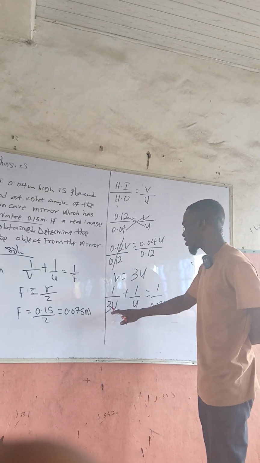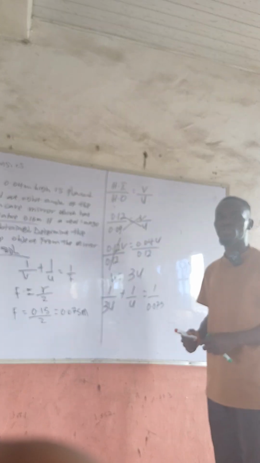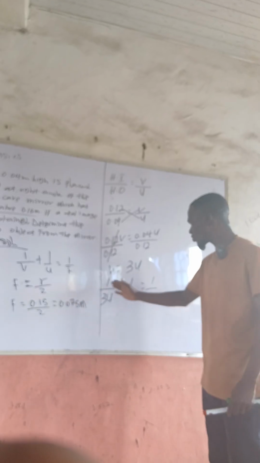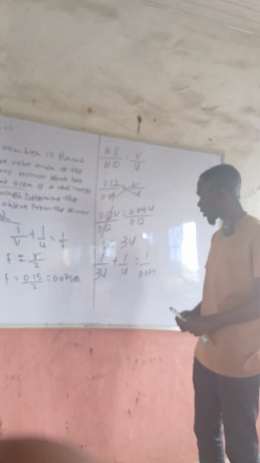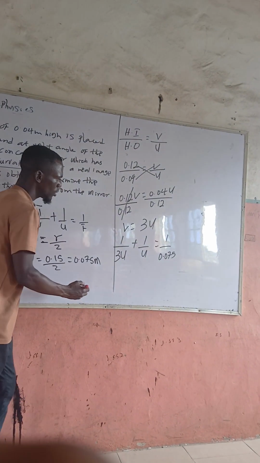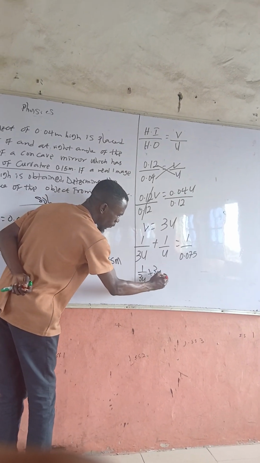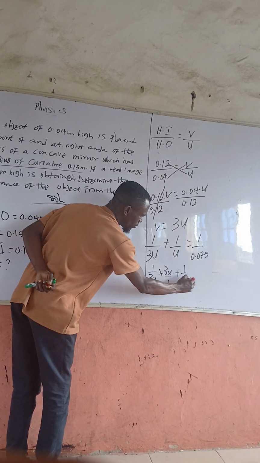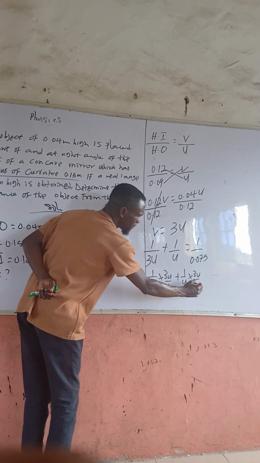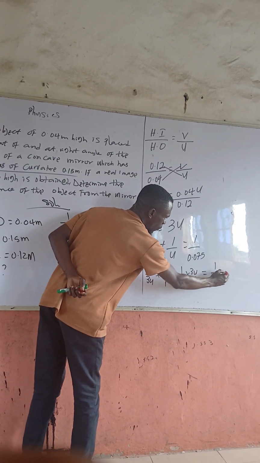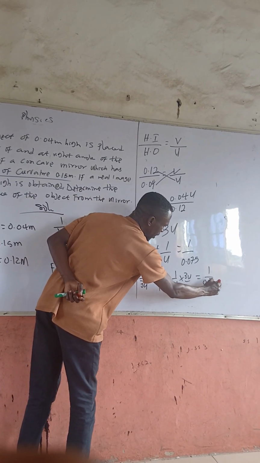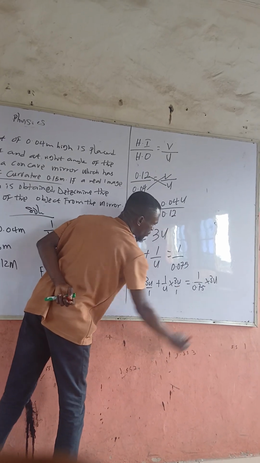Now we take the LCM of 3u and u. The LCM is 3u. Then multiply 3u through the equation. We have 1 over 3u times 3u over 1, plus 1 over u times 3u over 1, equals 1 over 0.075 times 3u.